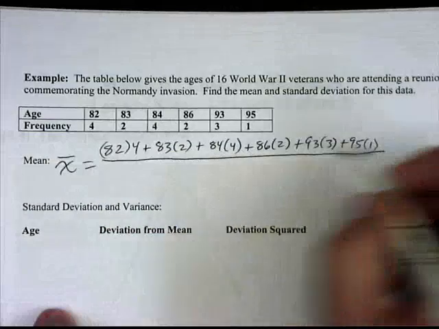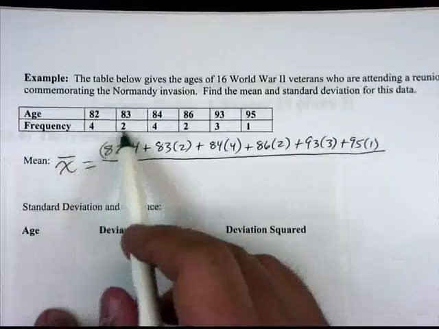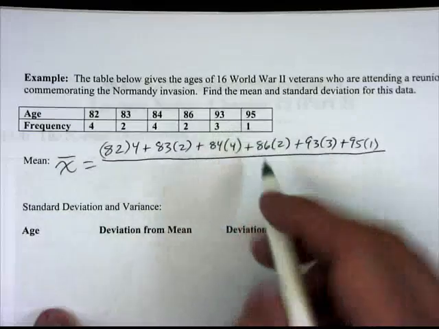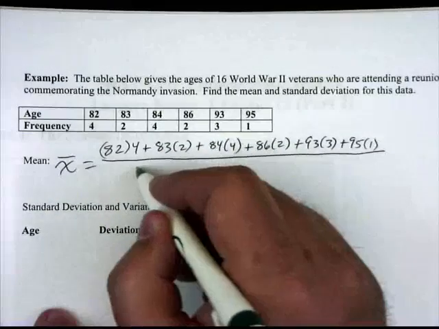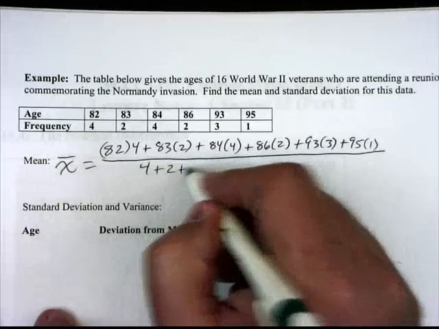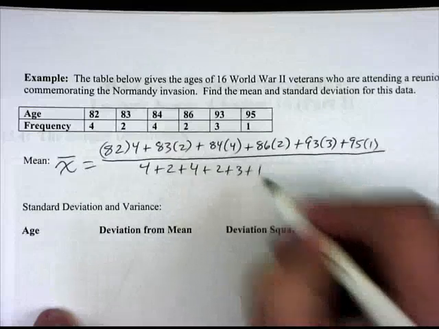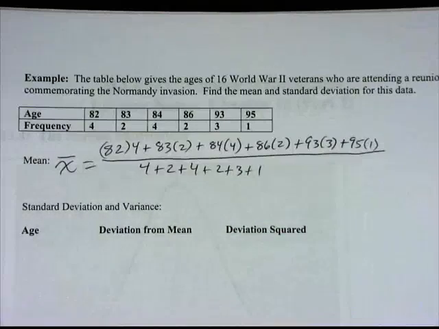Divided by, well, we know there's 16, so 4 plus 2 is 6, plus 4 is 10, plus 2 is 12, plus 3 is 15, plus 1 is 16. So you could have 16 down here, or 4 plus 2 plus 4 plus 2 plus 3 plus 1. Okay? And when you do that, let's just see what we get here.